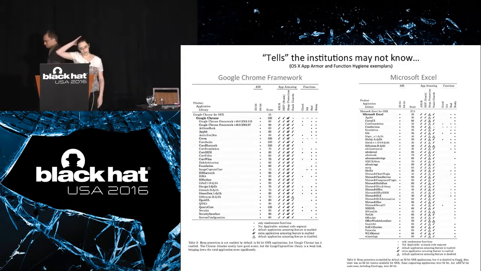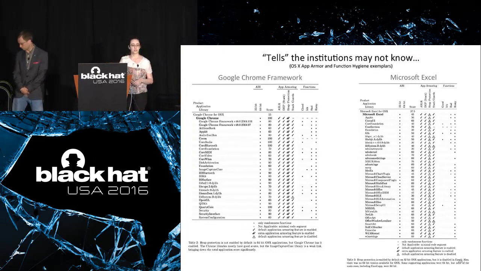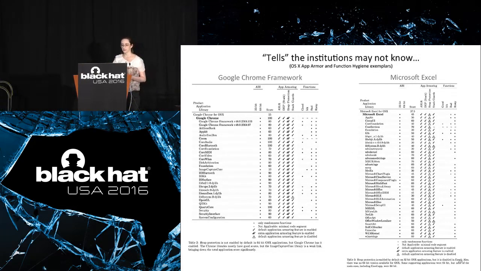So, for example, if we look at Google Chrome versus Microsoft Excel on OS X, you can learn interesting things about what Google versus Microsoft are doing right or missing. Each of them has something they do well, and each of them has a blind spot. First, looking at the development and build environments. The application armoring columns are the part that really reflects the build environment and settings and development environment, because that's where you're having the latest and greatest compiler and telling it to do all the right things.